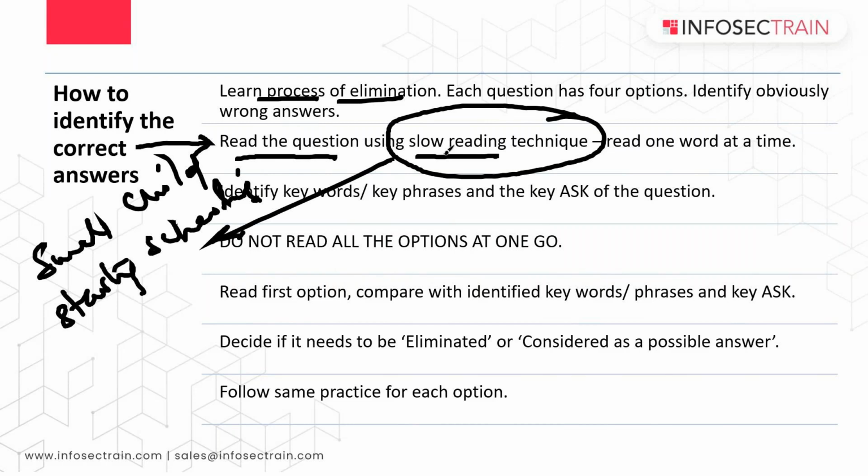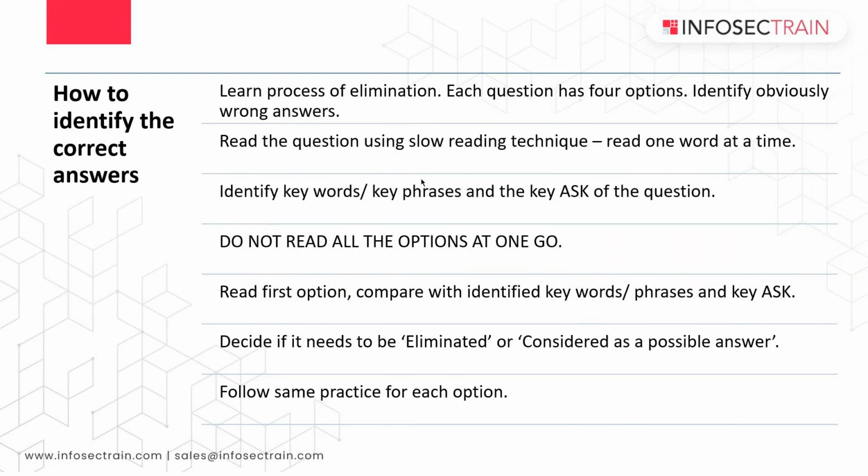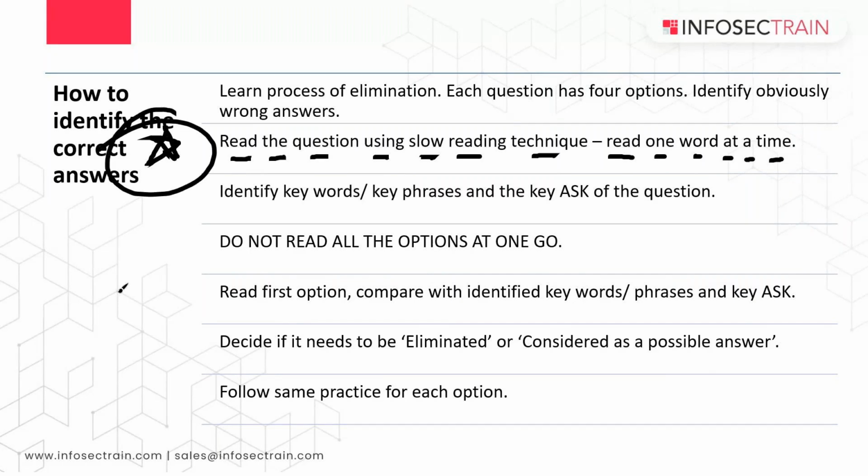So we read slowly, which means we read one word at a time. Instead of reading the question quickly, we go like this: read the question using slow reading technique. Read one word at a time. This is the most important strategy that you have to start learning and implementing.